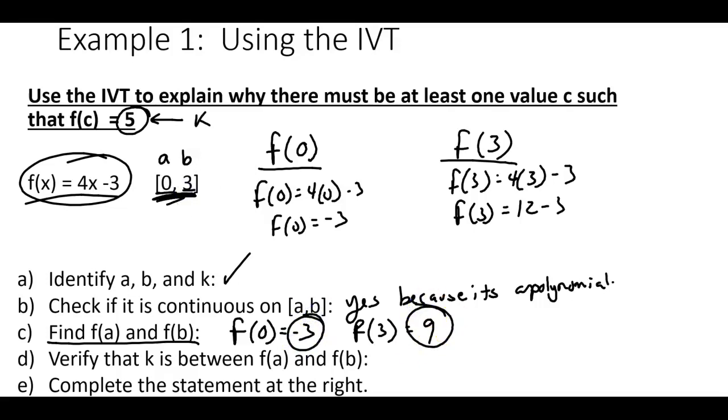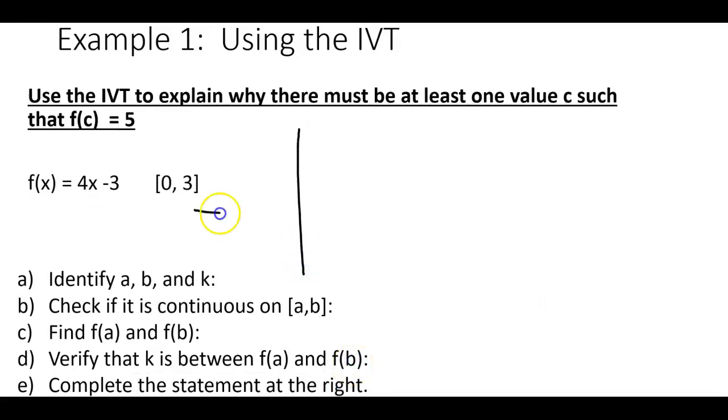Now, part D, verify that k is between those two values. In other words, my k value is 5. Is 5 in between these two numbers? Yes, it is. So I'm just going to put a check. 5 is between -3 and 9. Before I get into the rest of the final solution, I just want to draw you a picture. We've just found that there are 2 points. When I plugged in 0, I got -3, so (0, -3).